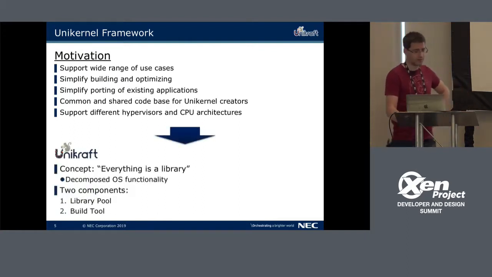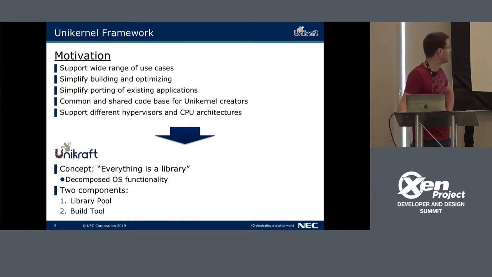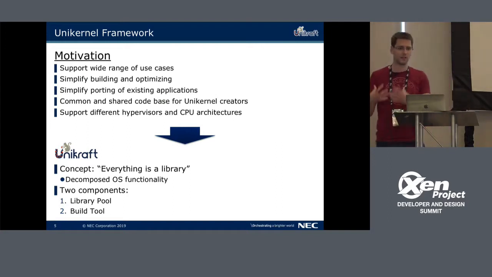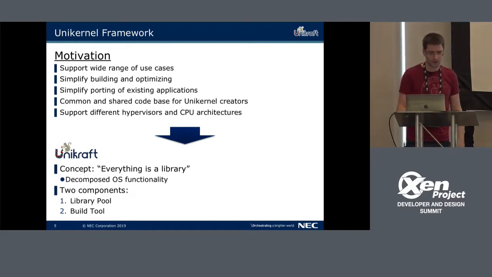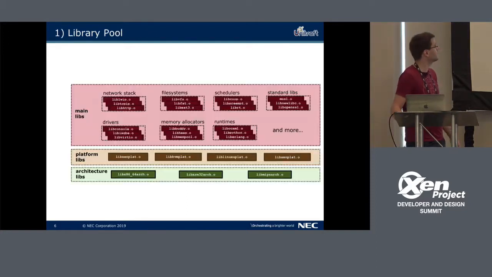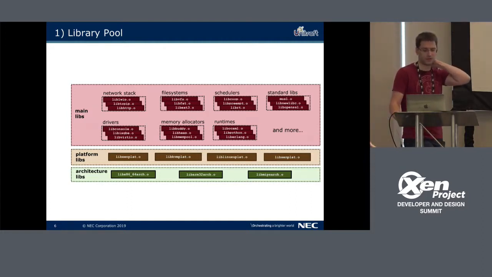This is where we came up with Unikraft, with the concept that everything is a library. This goes as far as saying that each operating system component, like a scheduler or a memory allocator, is a library and replaceable. We have two components: a library pool and a build tool. As a short recap, we distinguish between main libraries, which are independent of a particular platform or architecture implementation.